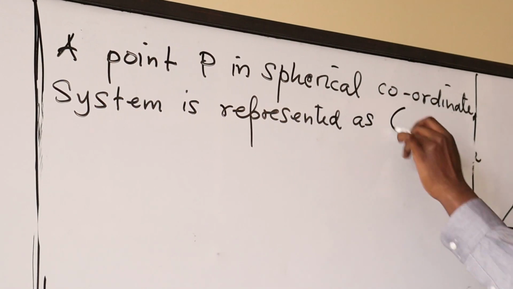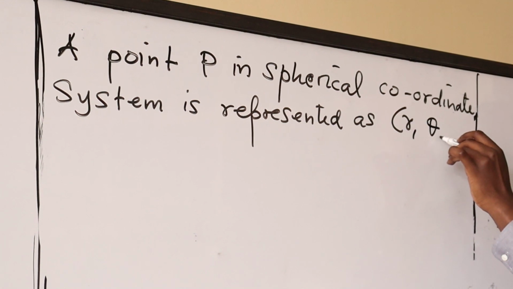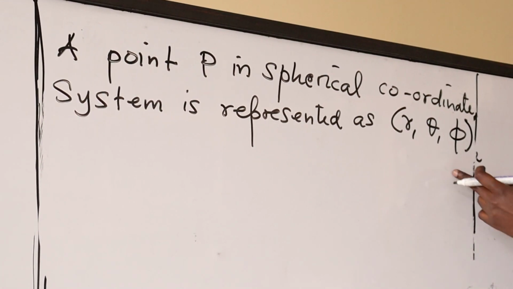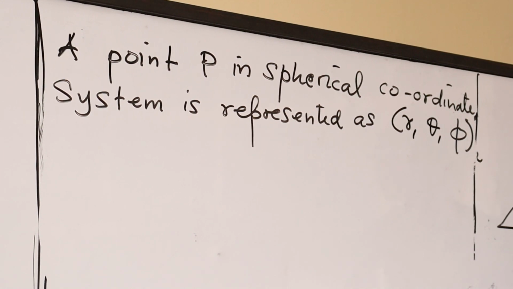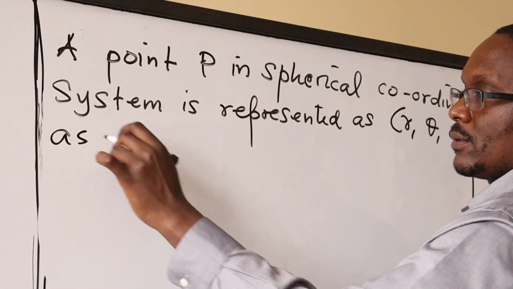Here we normally use r, theta and then phi. So phi is the same phi as the one that we have seen in the cylindrical coordinate system. It is represented as r, theta, phi as shown below.